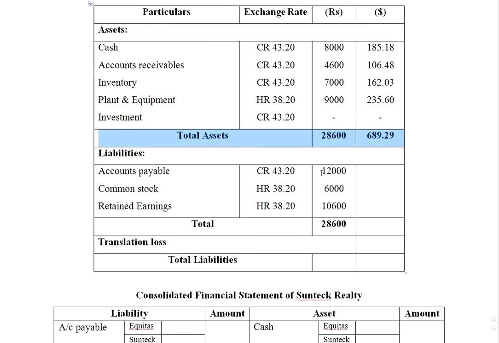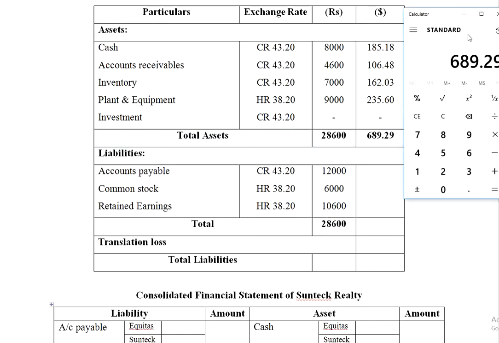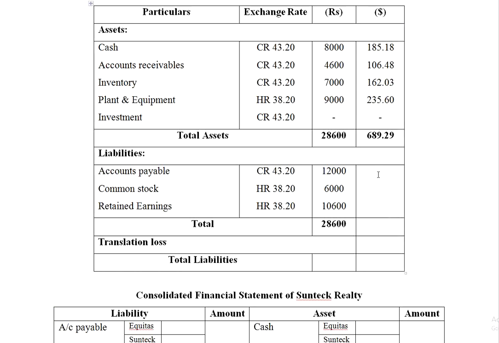Similarly, we have to convert these liabilities as well. So let us say this 12,000 should be divided by this 43.20. So 12,000 divided by 43.20 equals 277.77.